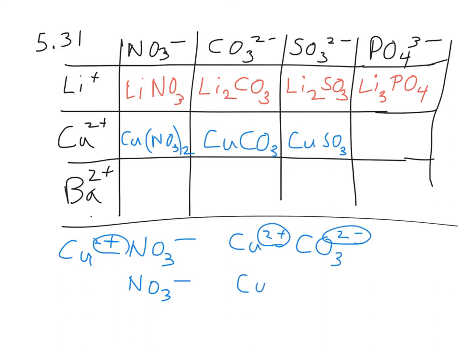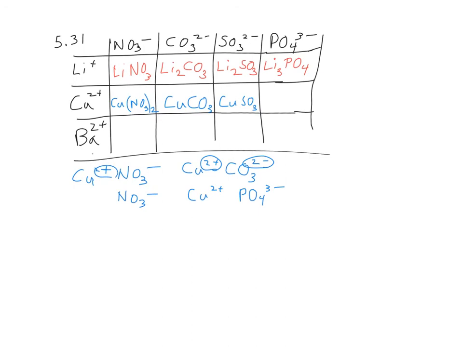Let's take a look at copper plus 2, phosphate 3 negative. Well, what's the least common multiple of, I need my charges to sum to 0. So what's my least common multiple of 2 and 3?